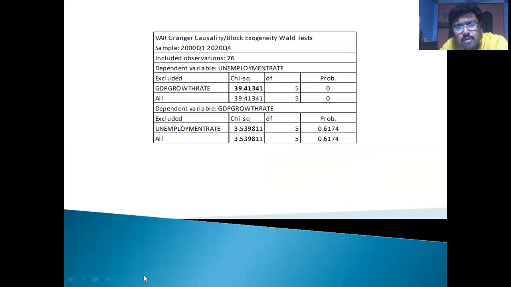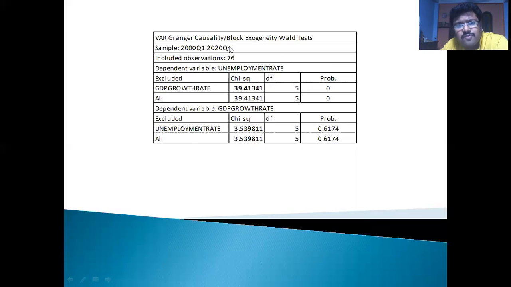Now look, this is my research finding that GDP growth rate actually affects the unemployment rate. This is the Granger causality, vector regression Granger causality.